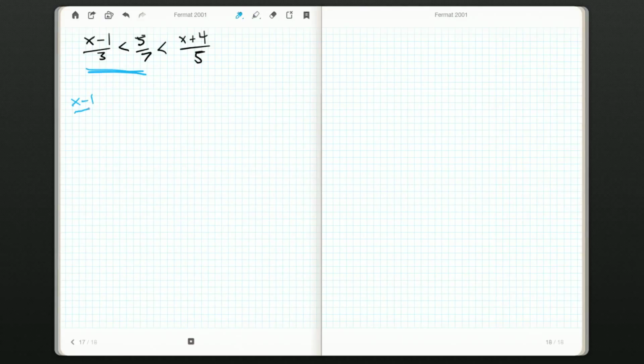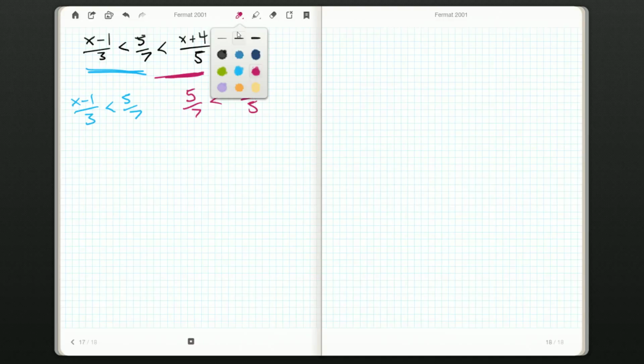The first thing we want to do is find all integer values of x that satisfy this. And then we're also going to do the same thing with the other one, 5/7 less than (x plus 4)/5. So the blue one will give us a range of x values, and the red one will give us a range of x values, and when we combine them, we should get some overlap or some exclusions in some way.